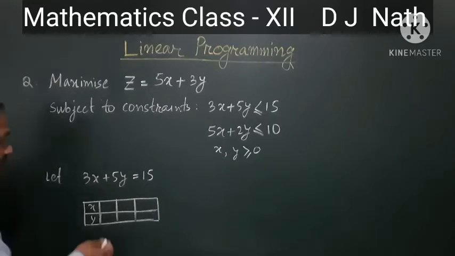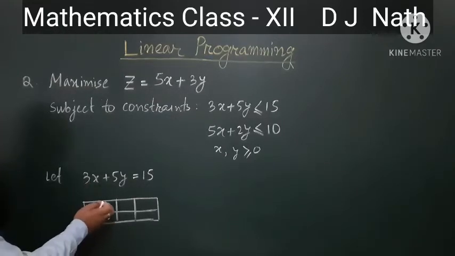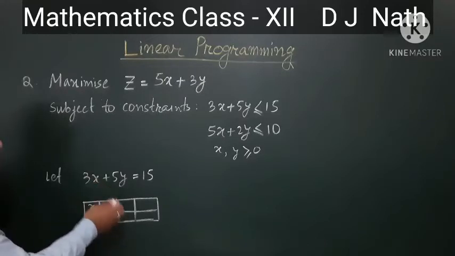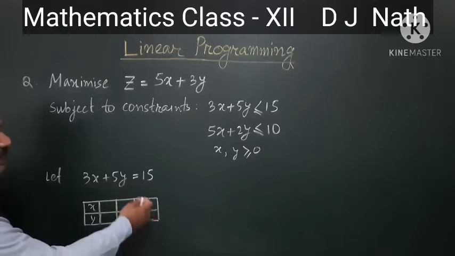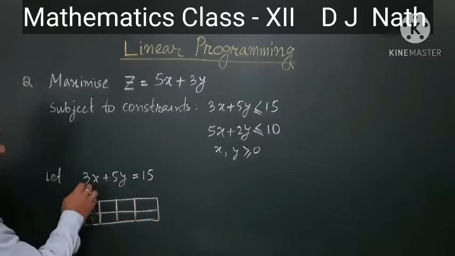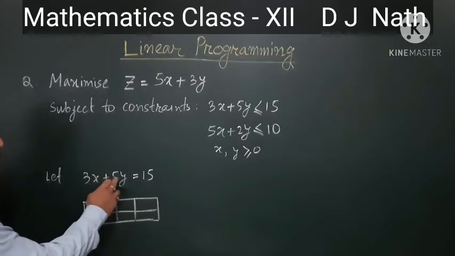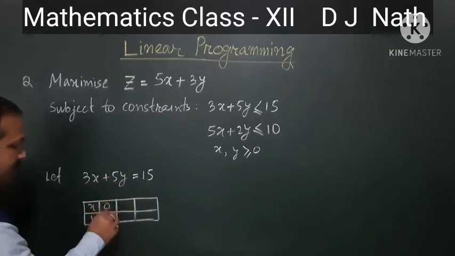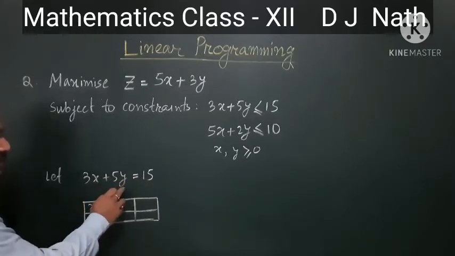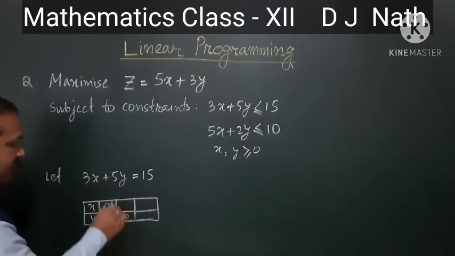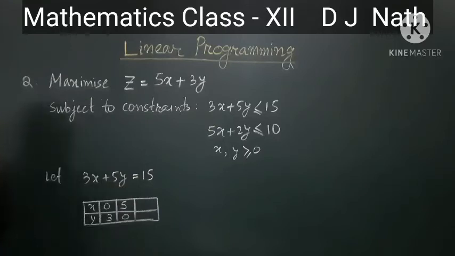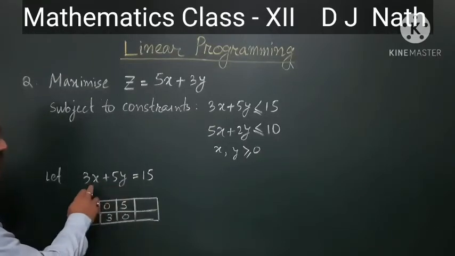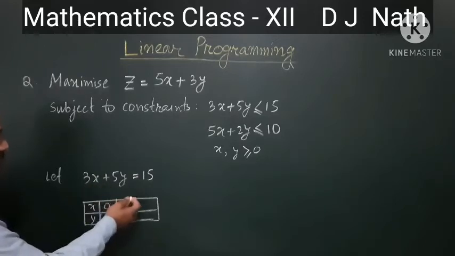Very easily you can find it. First we will use x as 0, second we will use y as 0, and then we can take another one. So if x is 0, y will be 3. If y is 0, then x will be 5. You can take any other point also.